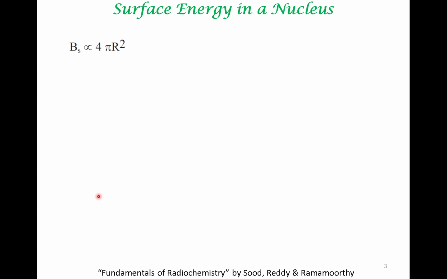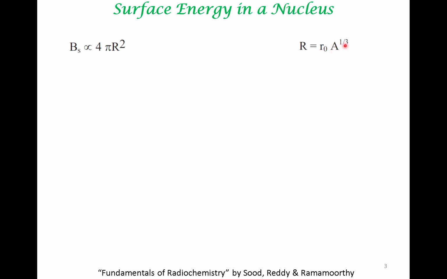So the surface energy, considering a nucleus to be spherical, would go as 4 pi r squared. And in the previous lectures, we had given a formula for r: the radius of the nucleus goes as some radius constant times A to the 1/3, right?